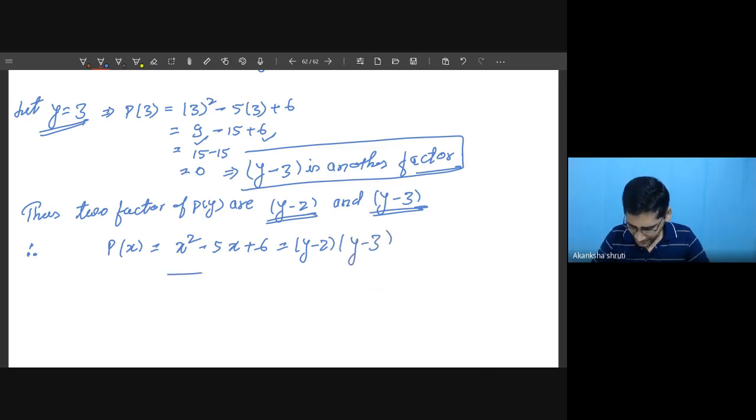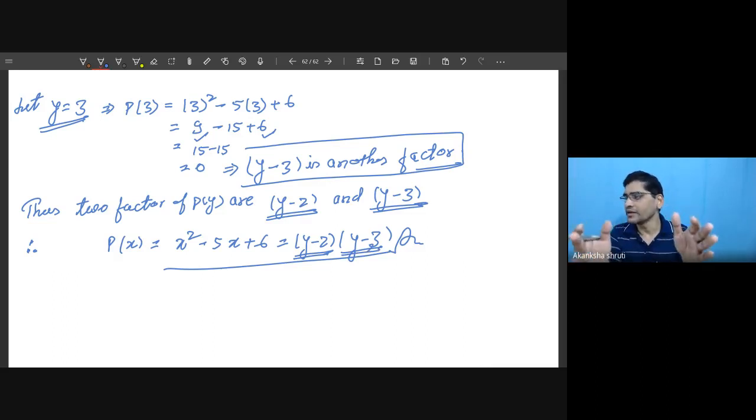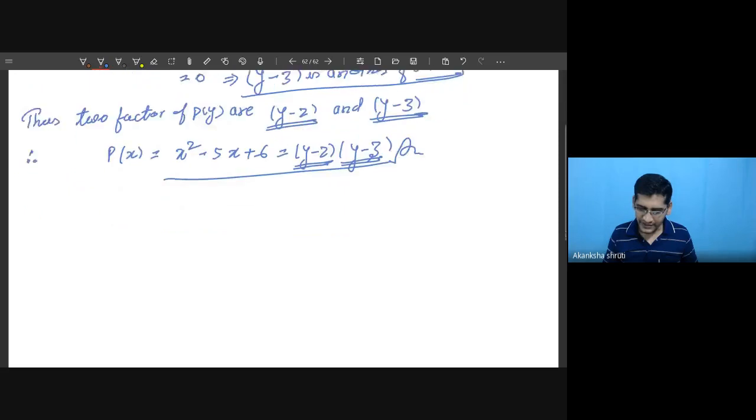So this way we have obtained the answer. Are you getting it? This way, the single quadratic polynomial gets converted into the product of two linear polynomials, and that is the meaning of factorization. You have to break one polynomial into the product of two, or at least two, polynomials of lower degrees. So this is the final answer. Okay, student? You can verify this by splitting the middle term.